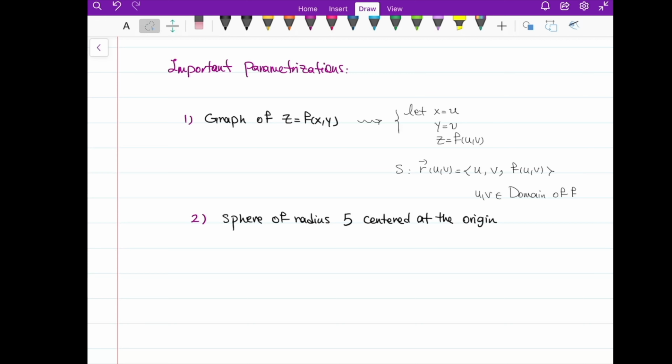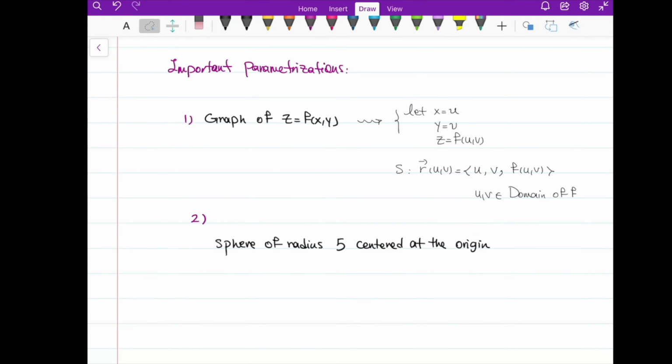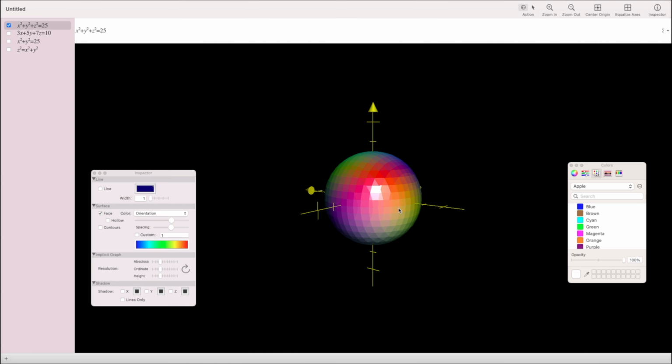Okay, so the equation of that is this: x squared plus y squared plus z squared equals 5 squared. Okay, so let me show it to you. That's the sphere x squared plus y squared plus z squared equals 25, with the x-axis, y-axis, and then z-axis.